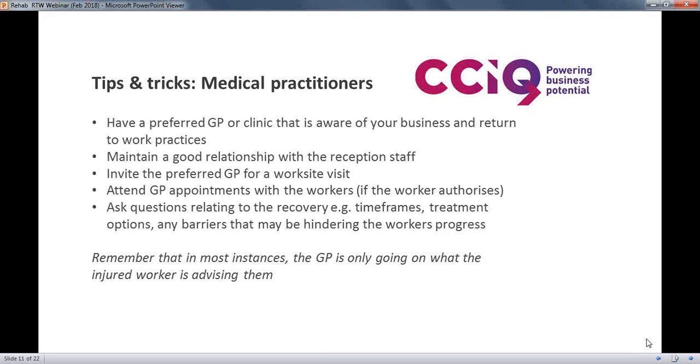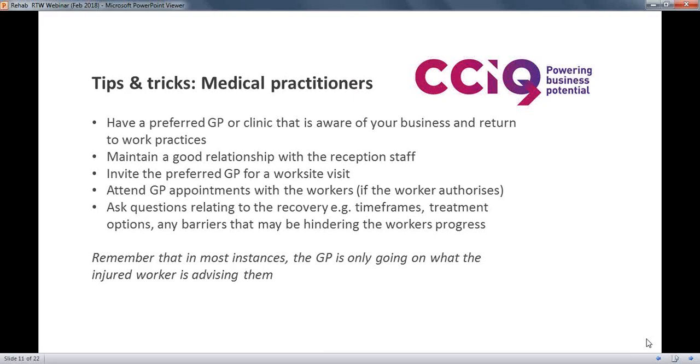But if not, you definitely would still be making sure that the employee's doctor has a clear idea of what the person's core duties are. If you have, for example, somebody in a production role, a musculoskeletal injury is obviously going to impact them in a big way.